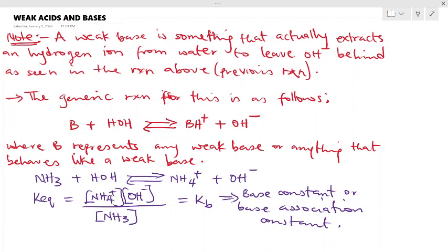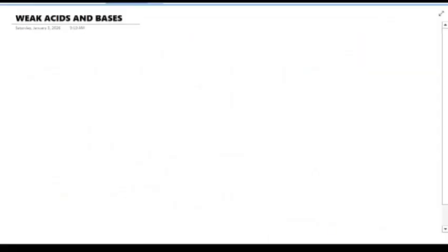In the next slide, we'll be looking at an example of a weak base. So we want to look at an example of a weak base, and we'll say this is example 3.